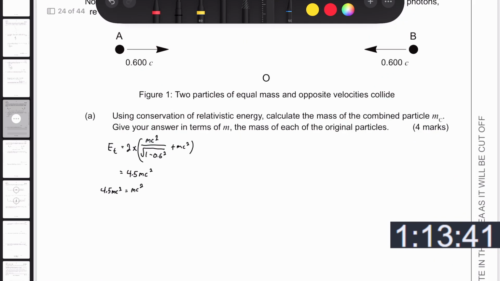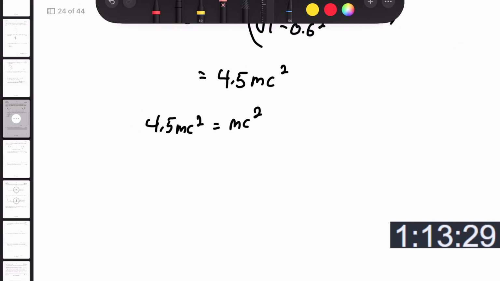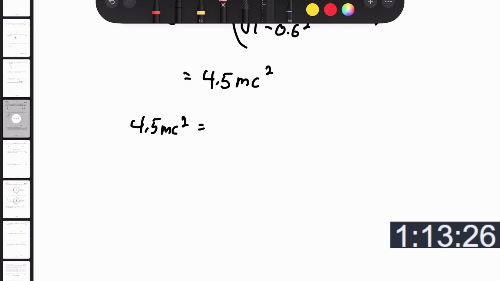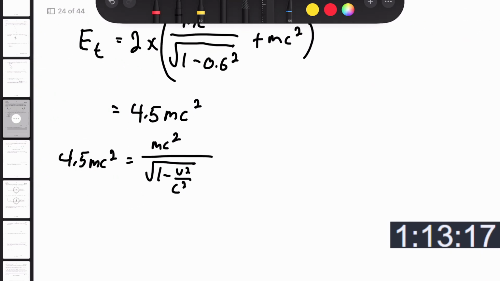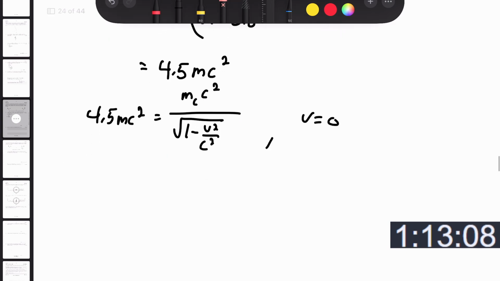The mass of the new particle: 4.5 mc squared equals mc squared over the square root of 1 minus v squared over c squared, with v equal to 0, over 1.